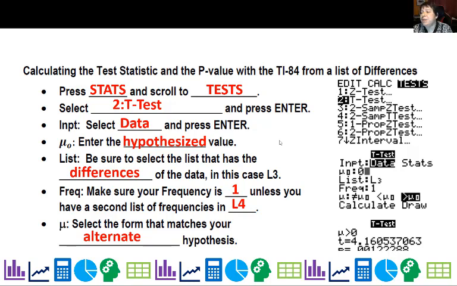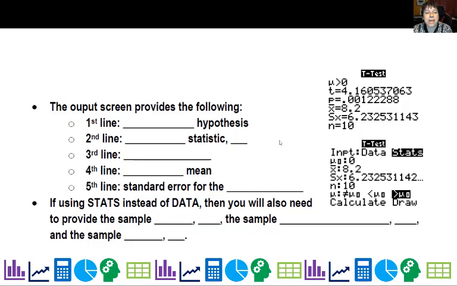Then after you hit calculate, we're going to get the output, all right? And the output screen, the first line is your alternate hypothesis right there. Second one is your test statistic T, then your p-value, your sample mean, the standard error for your sample. Now, if you're using stats instead of data, like here, then you also need to provide the mean, X bar, or D bar if you want.